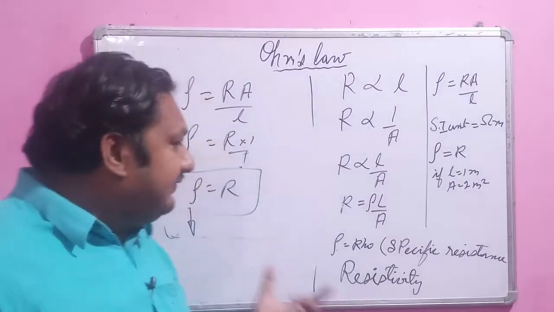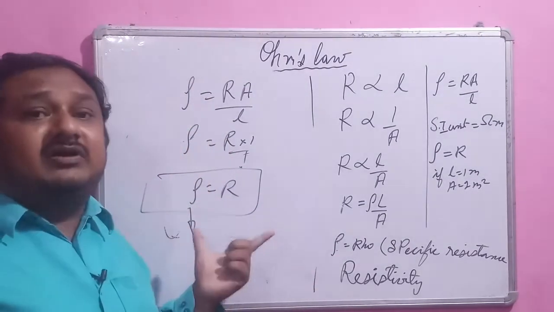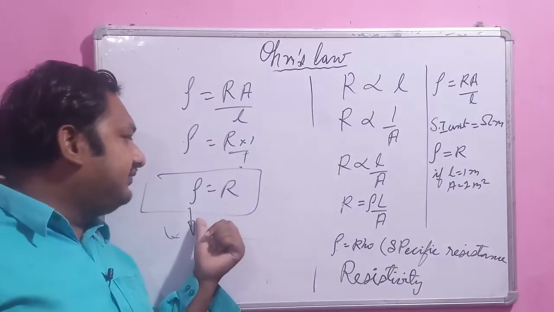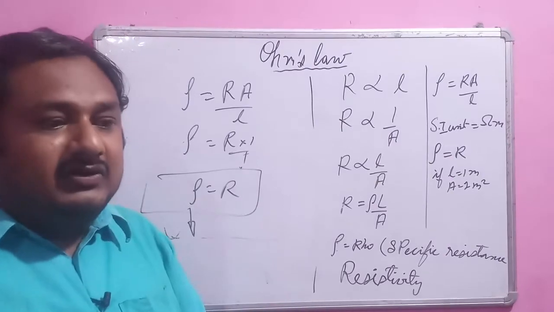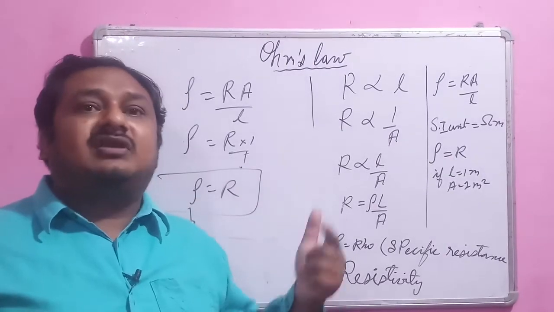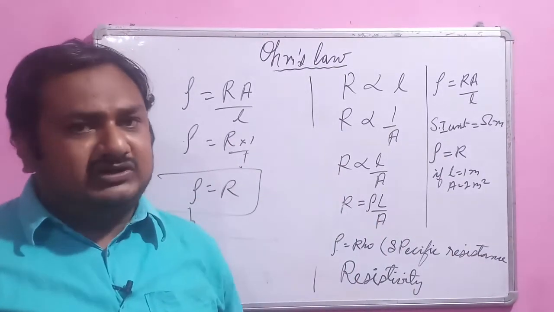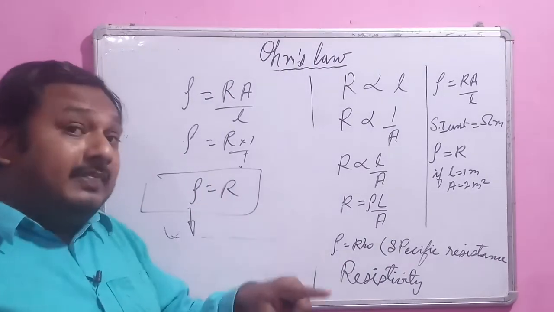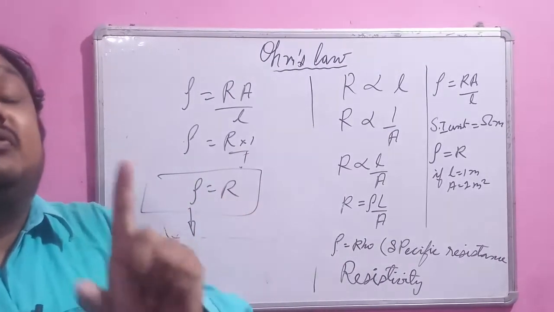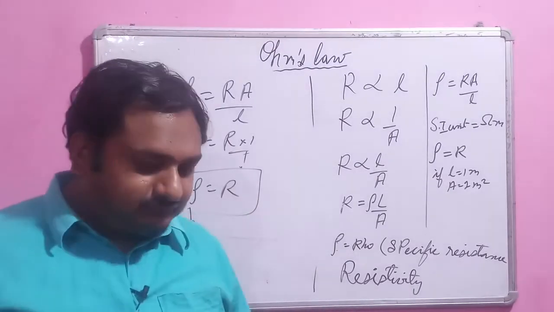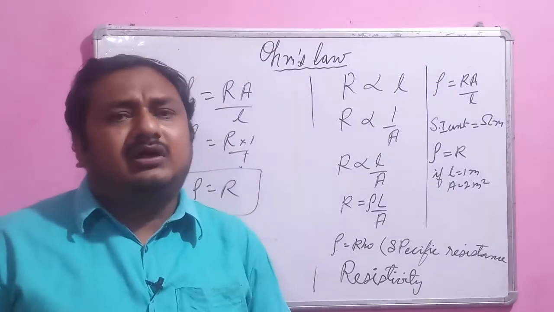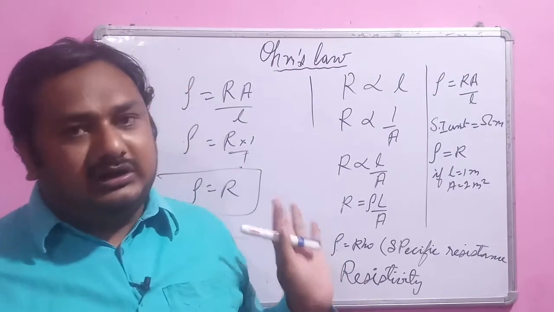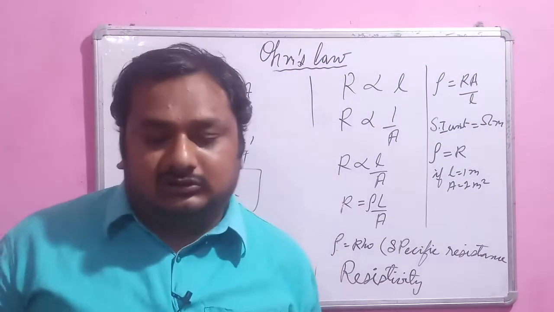So by fixing the dimension, we get the specific individual resistance of a conductor. Whenever you define resistivity, you have to mention that resistivity is the resistance of a specific dimension of a conductor. Resistivity is a type of resistance, but of a specific dimension of a conductor. So this is a very simple concept. You have to go through it, learn it properly, and okay, thank you.